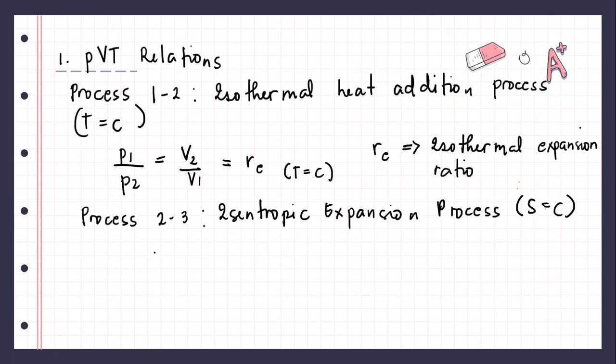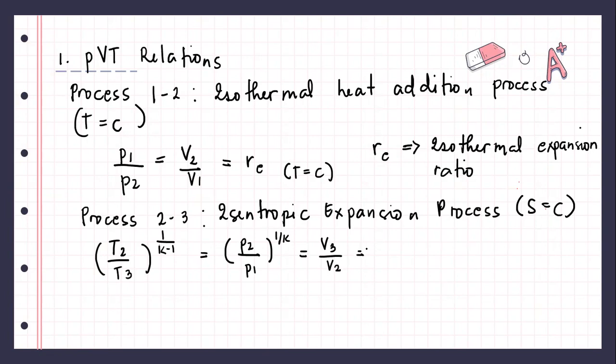We have T2 over T3 raised to 1 over K minus 1 equal to P2 over P3 raised to K minus 1 over K, which is equal to V3 over V2, which is equal to RE, which is the isentropic expansion ratio.